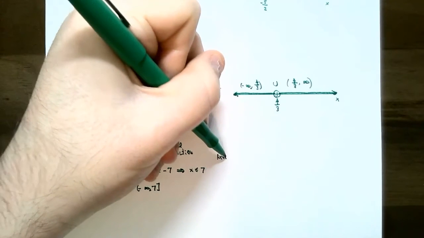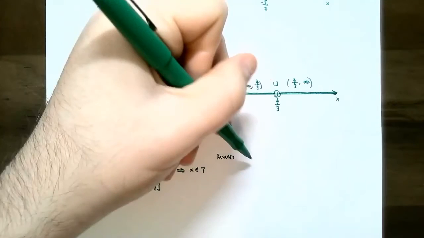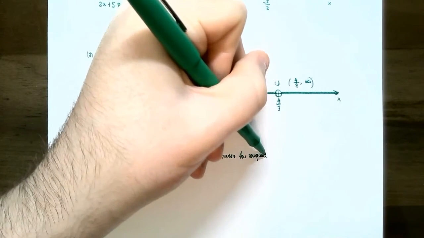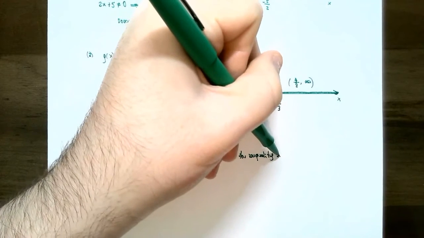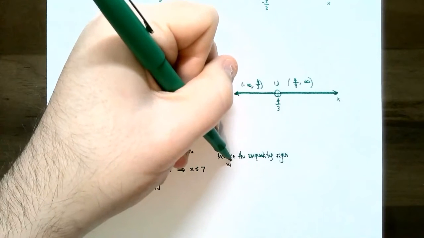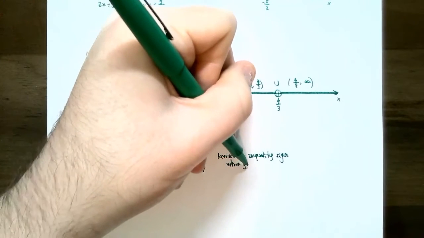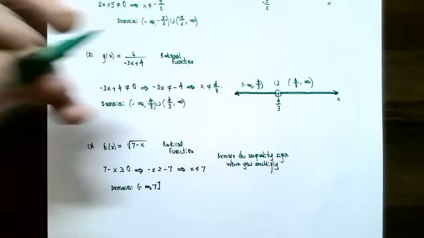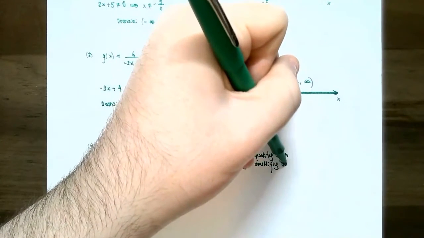Reverse the inequality sign when you multiply or divide by a negative number.